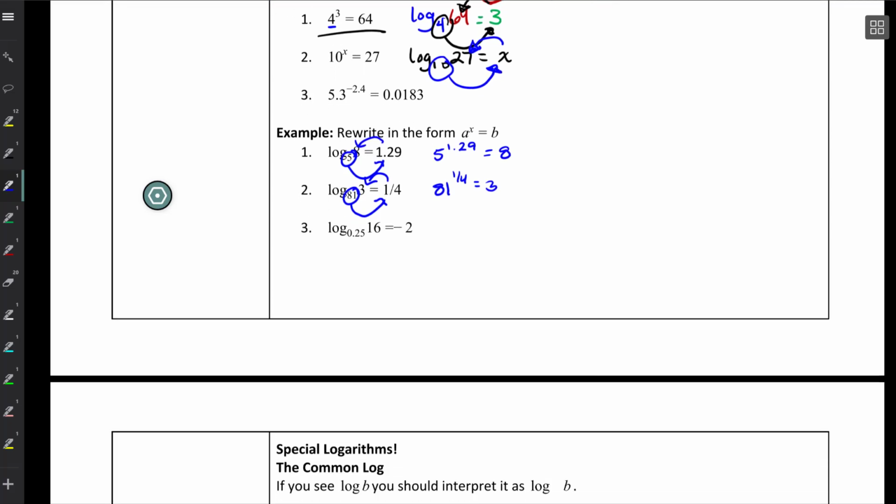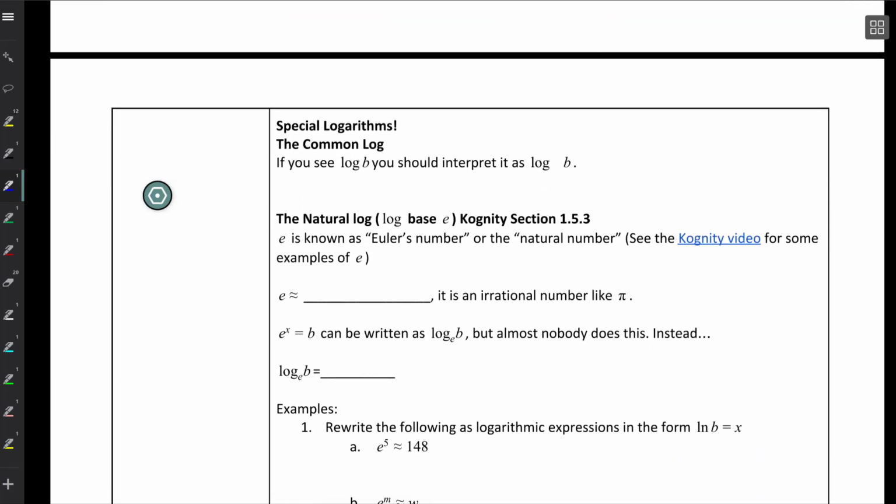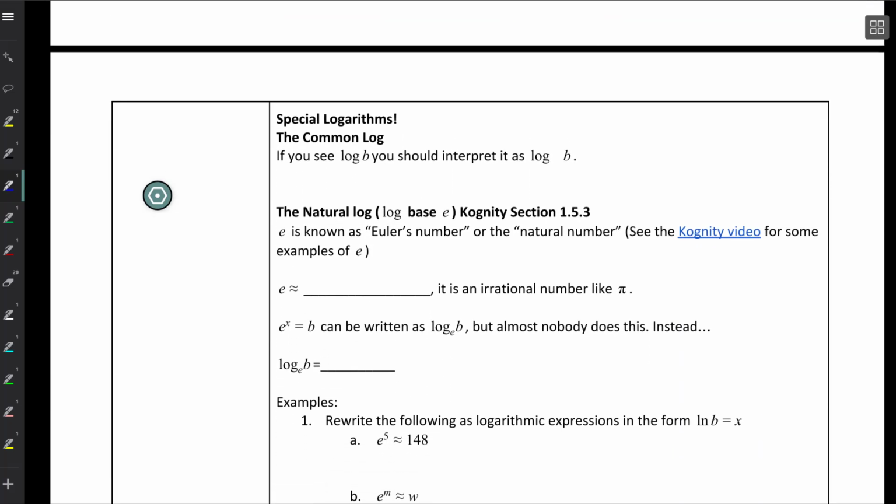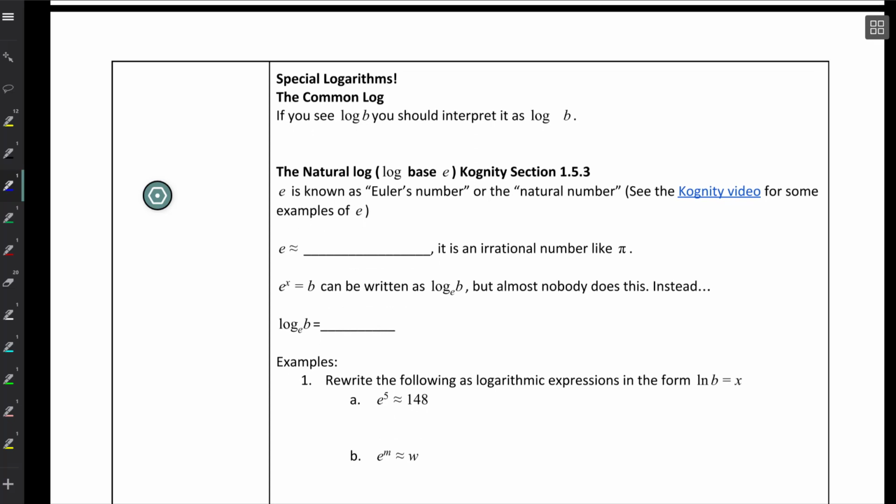Alright, moving on to the next page, we've got some special logarithms, and this is where we are going to start to get into section 1.5.3. But at the very end of section 1.5.2, we talked about special logarithms, and that's the common log. So if you see log b, seems like there's a problem. There's no base.